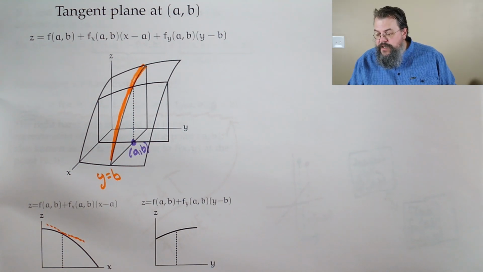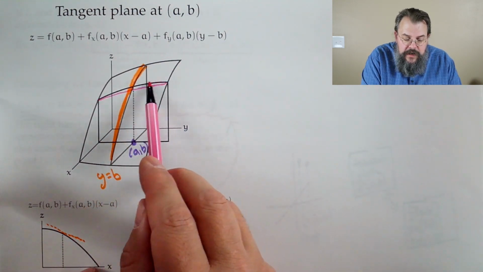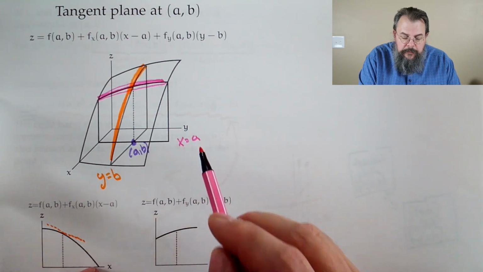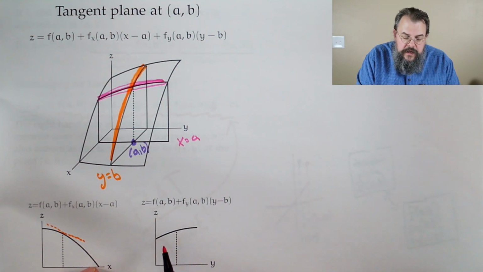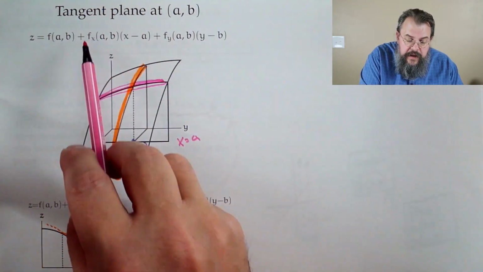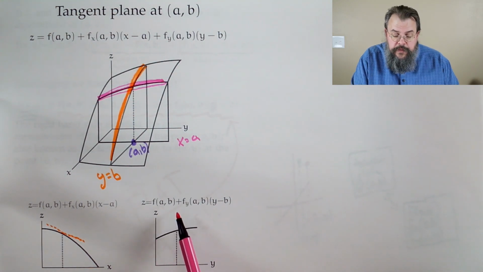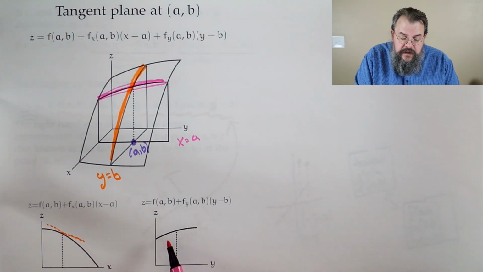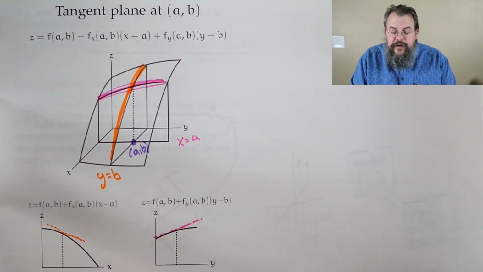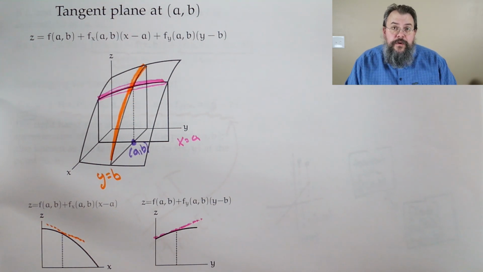You might say, well, what if we did it the other way? Yes, we can. If we slice here, which corresponds to x equals a, we'll get this cross section. And if you plug in x equals a, the f sub x term goes away. You get z equals f(a, b) plus f sub y (a, b) times (y minus b). In other words, you're recovering the tangent line in that cross section. This really meshes with our understanding of how partial derivatives work.